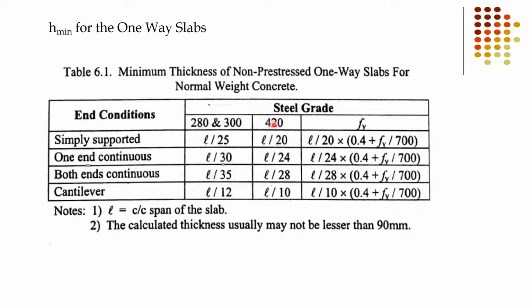And for any other grade of steel, like 620 or 570, you will use this formula. And if your slab is one end continuous, both ends continuous, or if there is a cantilever slab, you will use the corresponding minimum depth criteria of the slab.